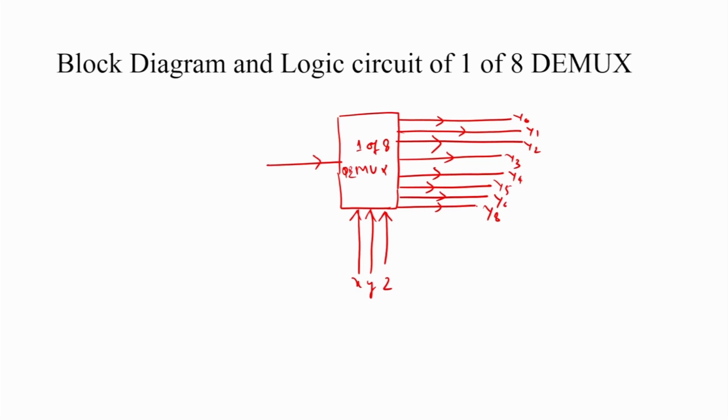We design a functional table, and we directly write when the values of x, y, z are all 0, this is input I.